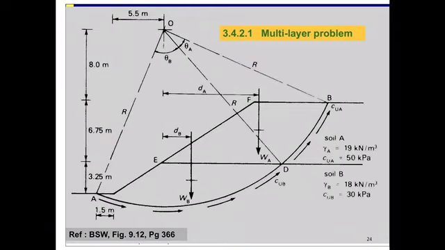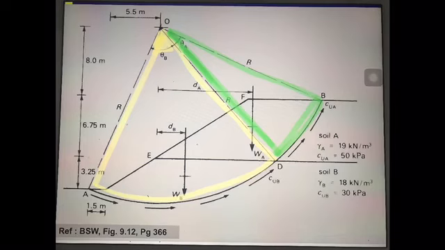So when we have multiple layers, we have two sectors. The sector for layer A, the top layer, is BOD. The sector for the bottom layer is DOA, or AOD.